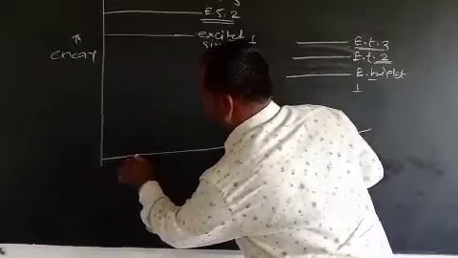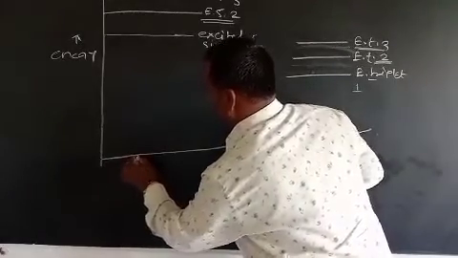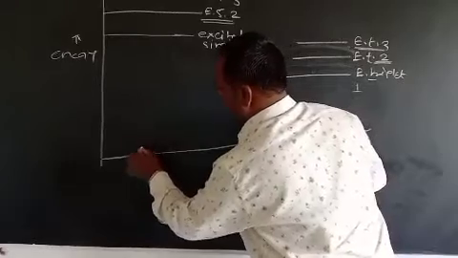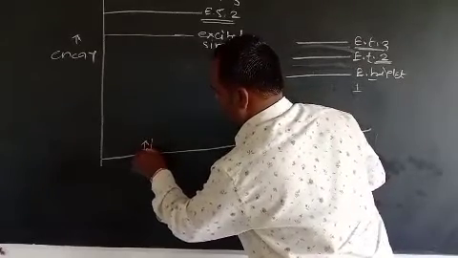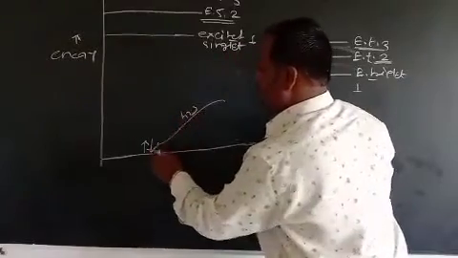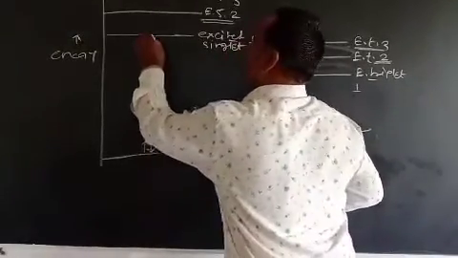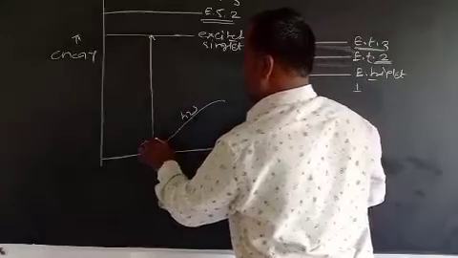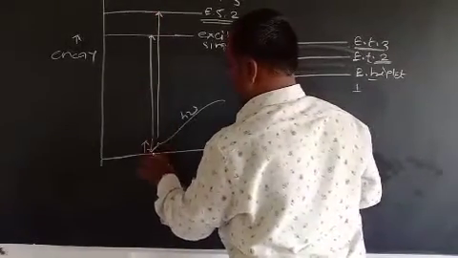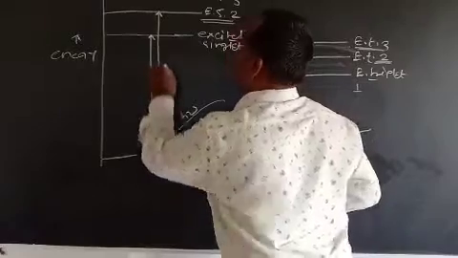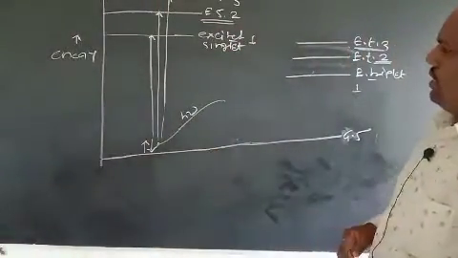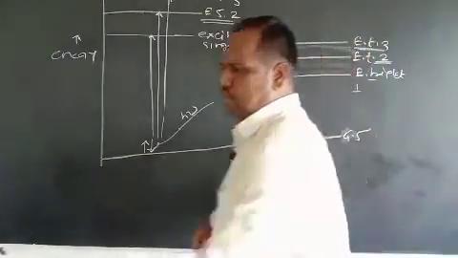The electron, by absorption of radiation h nu, goes into the first excited state, the second excited state, or the third excited state.